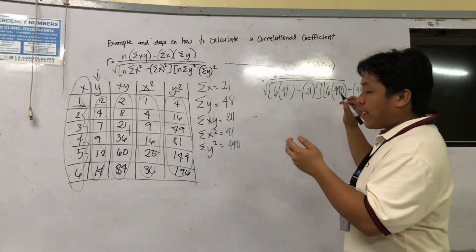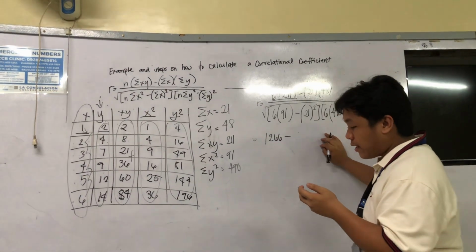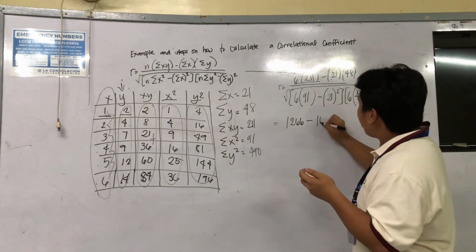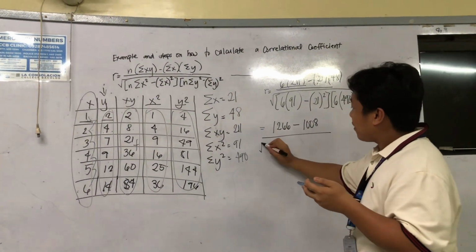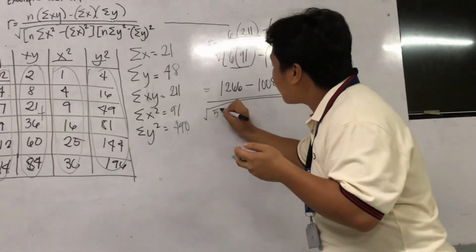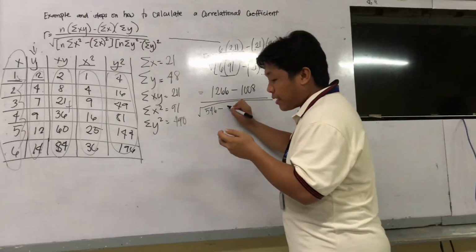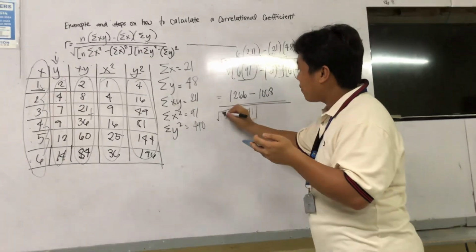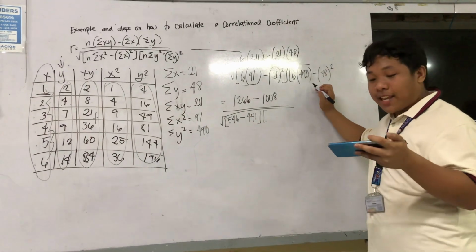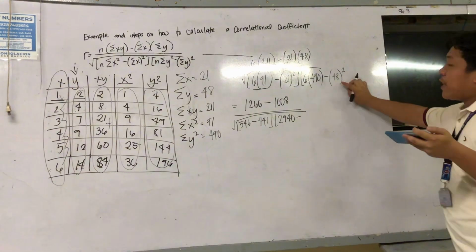Six times 211 is 1,266 minus 21 times 48 is 1,008. Next, you multiply 6 and 91, we have 546 minus 21 squared, which is 441. You need to multiply also the 6 and 490, which is 2,940 minus 48 squared, which is how much?